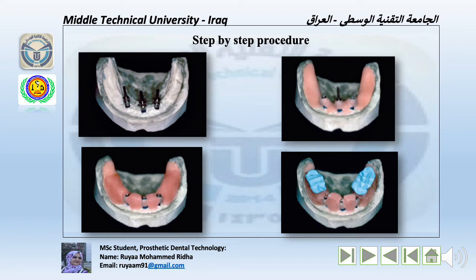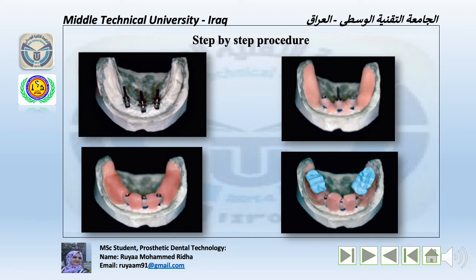In overdenture option 3, two types of fabrication procedures are explained. The first type: making the final impression with a custom open tray. After preparing the impression, the implant abutment screw analogs are attached to the direct impression transfer coping, then reattached to the cast.